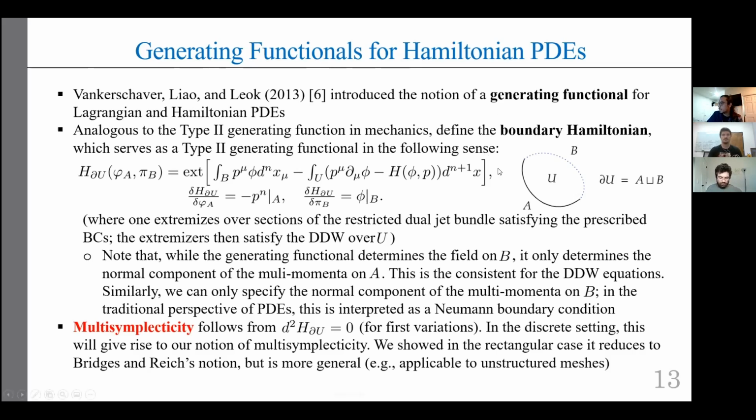The basic idea is that you take some region in space-time U, and here you prescribe Dirichlet boundary conditions, so you prescribe the field values, whereas here you prescribe the normal momenta, so you use Neumann boundary conditions. Essentially you prescribe the flux of the momenta across this boundary.